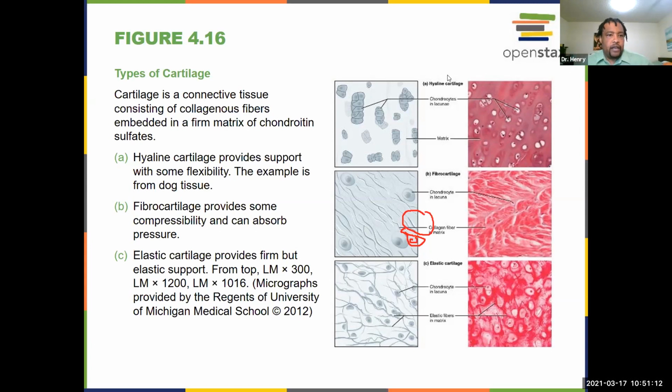Like when you jump down and land on something, that's the compression component, right? And then some of that flexibility is going to be that hyaline cartilage.